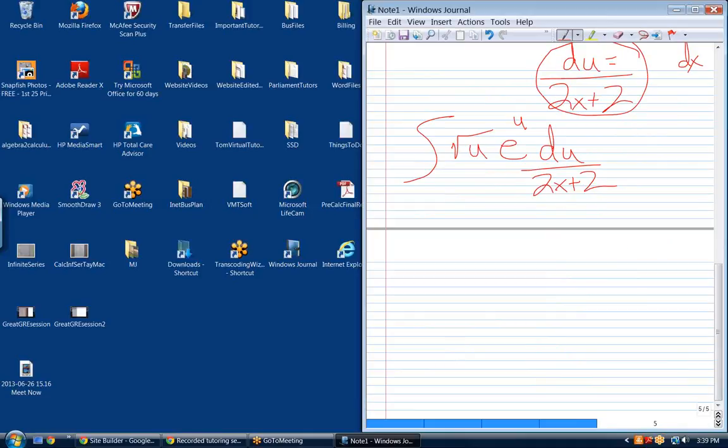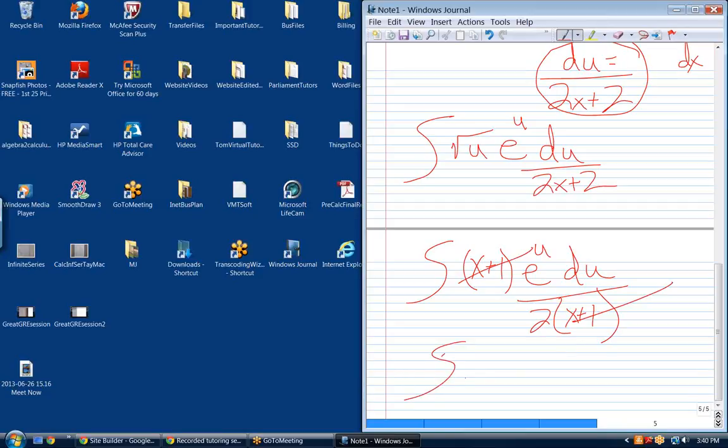Well, if I go back and resubstitute, I really didn't need to put square root of u there. I could have left it as x plus 1 for the moment. It was just x plus 1. And it's still e to the u du over, and let's factor out a 2. So now that cancels with that, and I'm down to my final integral, which is nothing but u's.